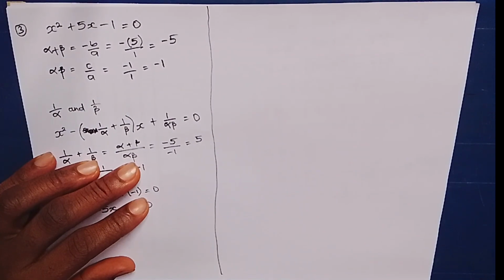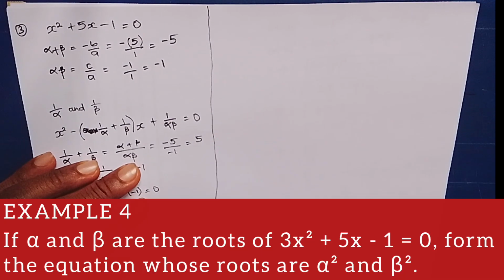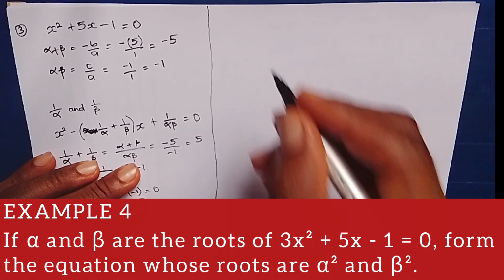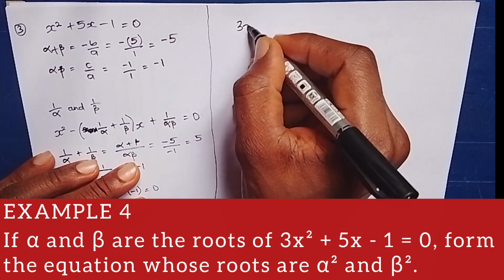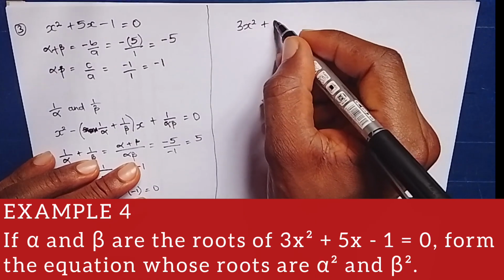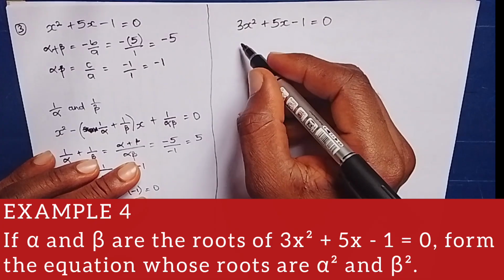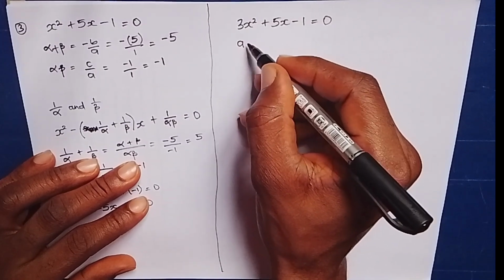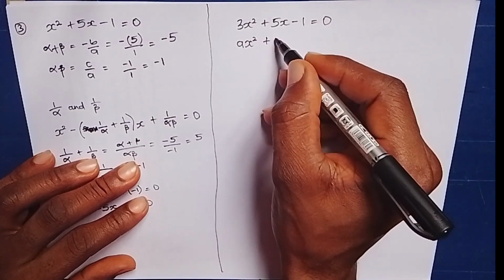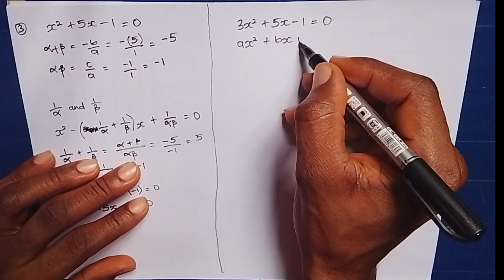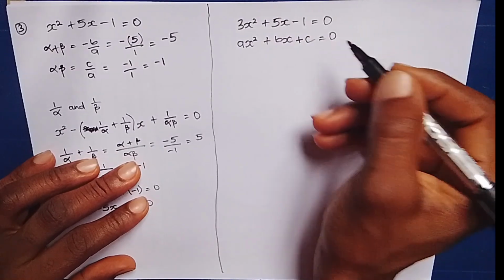We are given, if alpha and beta are roots of 3x squared plus 5x minus 1 equal to 0, form the equation whose roots are alpha squared and beta squared. This is the equation we are given, 3x squared plus 5x minus 1 equals 0.